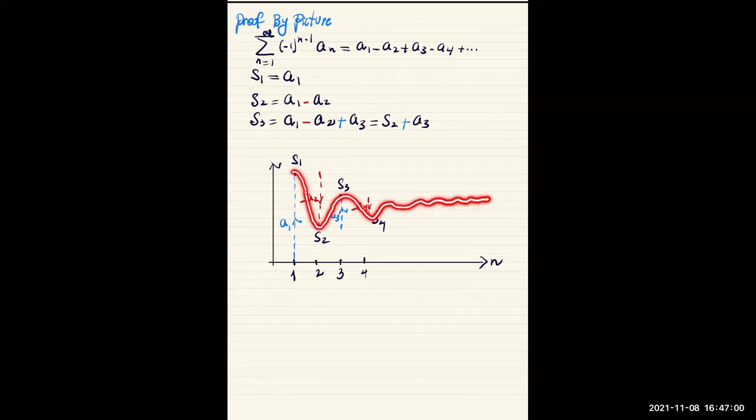The magnitude is just going to keep shrinking, and the series will converge somewhere around here. There will be a value L which the partial sum is going to approach. If I keep plotting, this will happen. It is going to converge to L.